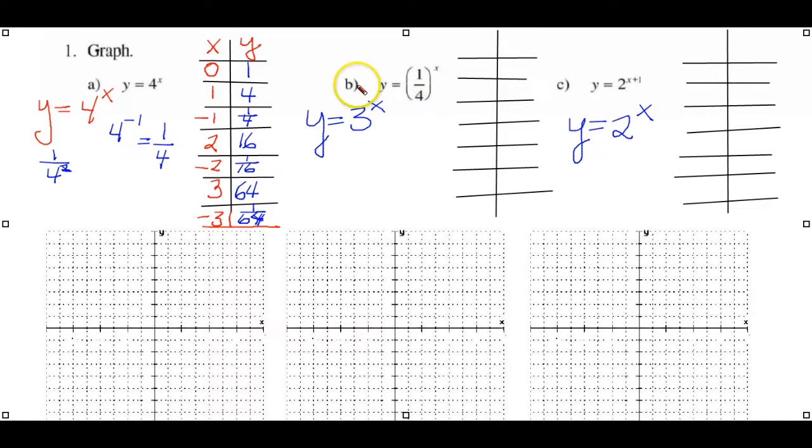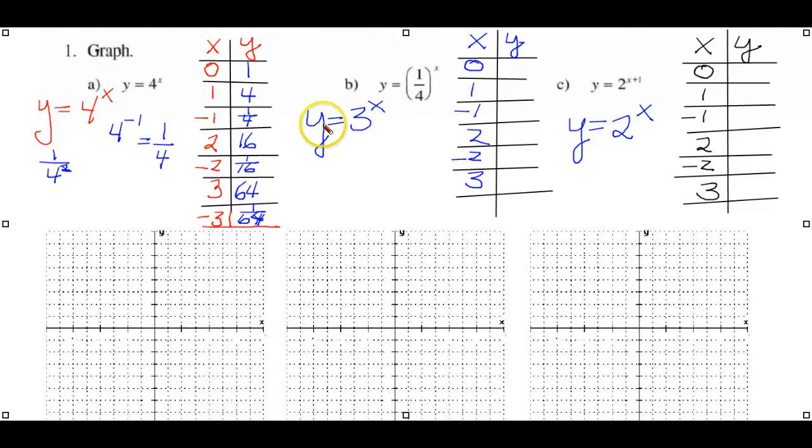This is not B or C. This is still relating to A. I'm just using this room here. What would those values look like? So let's set that up.